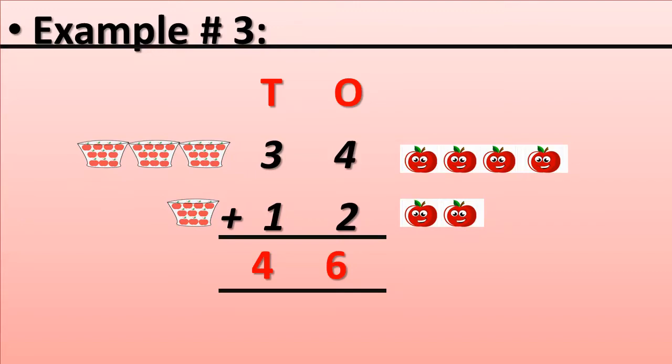Here we have 4 apples and 2 more apples. Do you know how many apples do we have all together? Let's count. 1, 2, 3, 4, 5, 6. We have 6 apples. So here we will write 6 in 1's column.